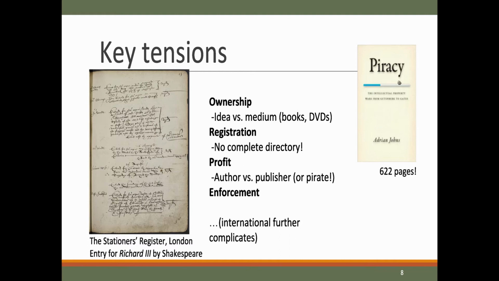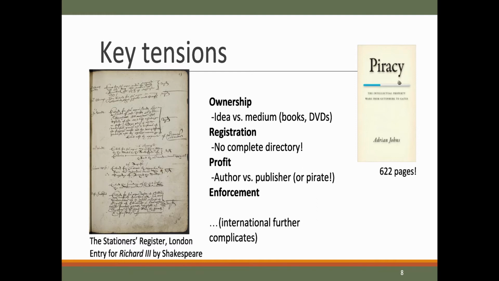And the idea of having a register of who owns the work, who has permission to make copies of the work, is hundreds of years old. So we're looking at what many people consider the first attempt at having a register to keep track of who is the author, who's allowed to print copies of it.